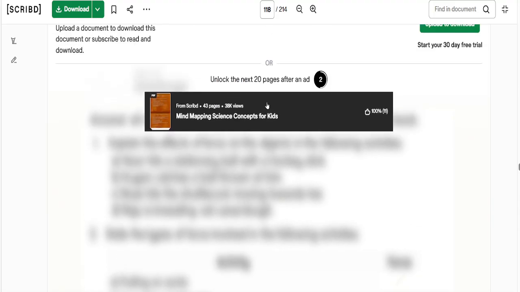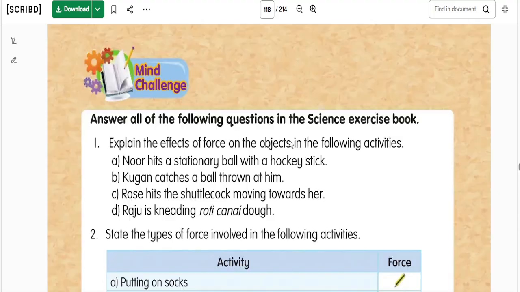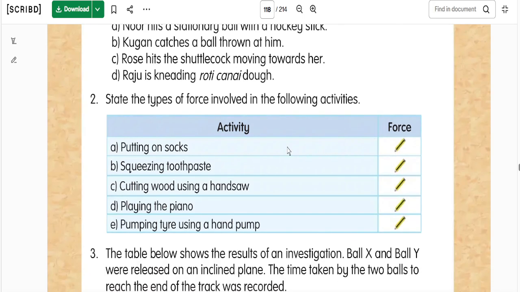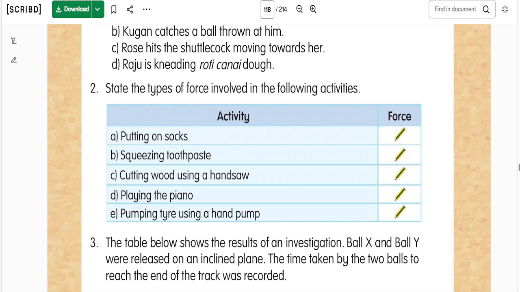Okay. Then next. Pushing and pulling the force. Okay. Basically, there is frictional force also, right? When we cut something. Next.